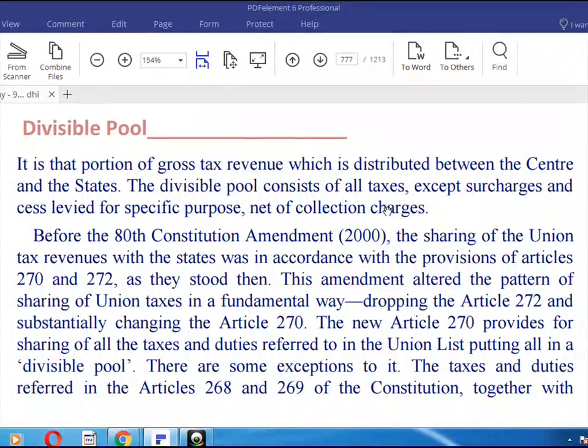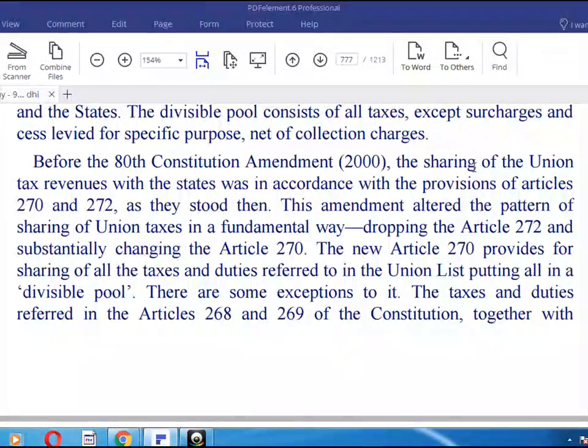Before the 80th Constitutional Amendment 2000, the sharing of the union's tax revenue with the states was in accordance with the provisions of Articles 270 and 272, as they stood then. This amendment altered the pattern of the sharing of union taxes in a fundamental way, dropping Article 272 and substantially changing Article 270.